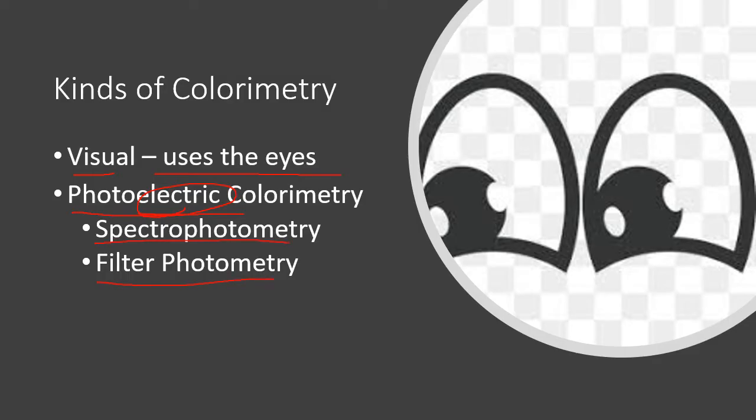Now, as we reviewed kanina, the difference between spectrophotometry and photometry is the type of light that it can measure. So, spectrophotometry, specific wavelengths. Photometry, broad wavelengths. Okay?